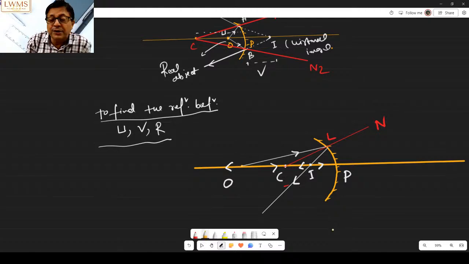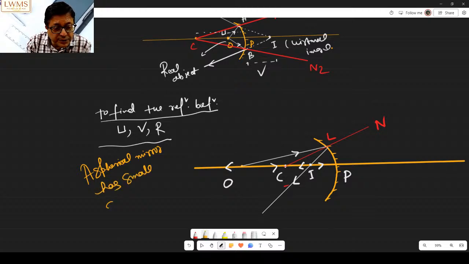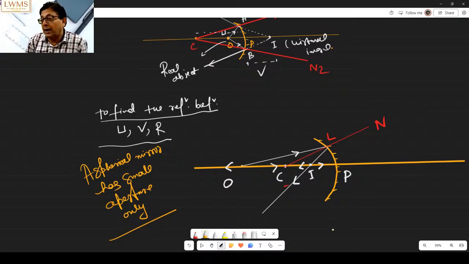Before you deduce anything, you should remember a spherical mirror has small aperture only. Clear? Spherical mirror has small aperture only. So this spherical mirror also has small aperture. These rays are paraxial.